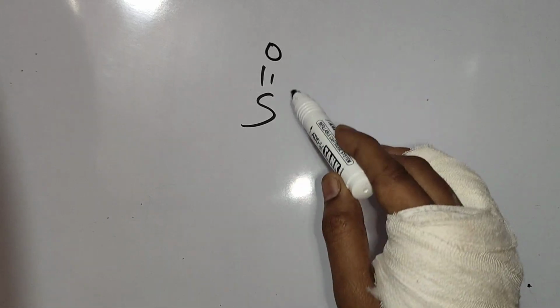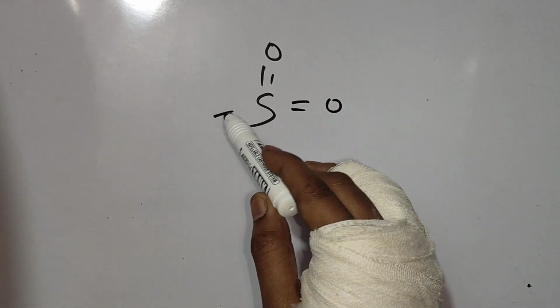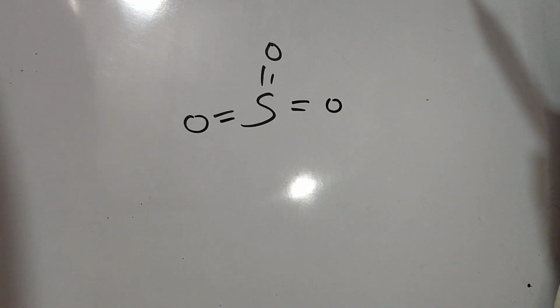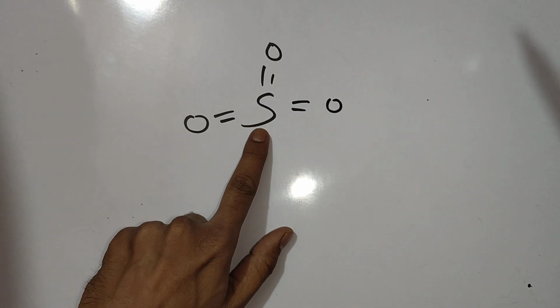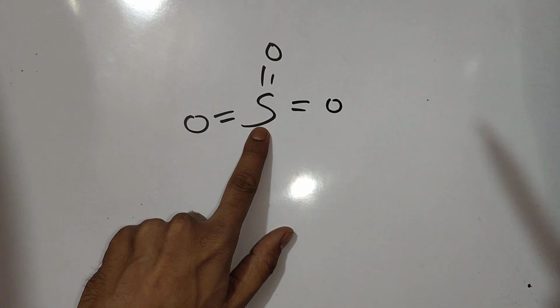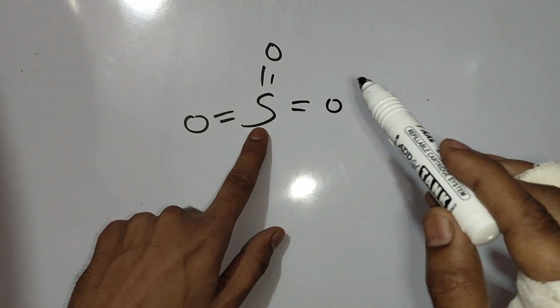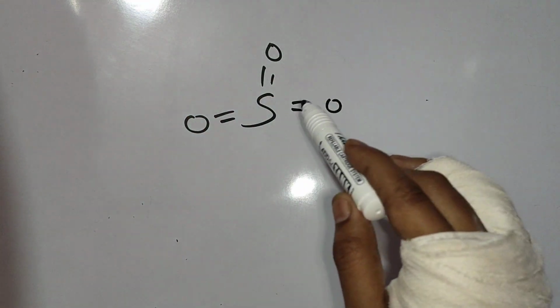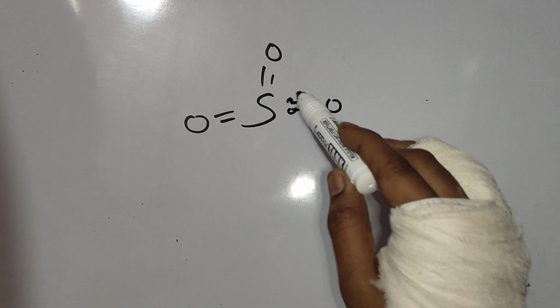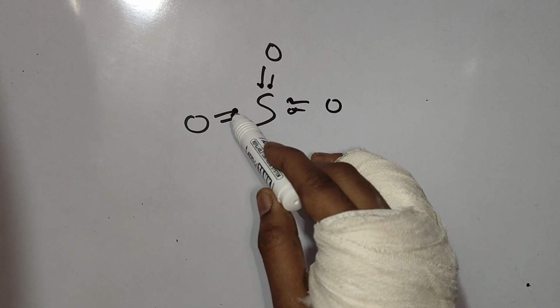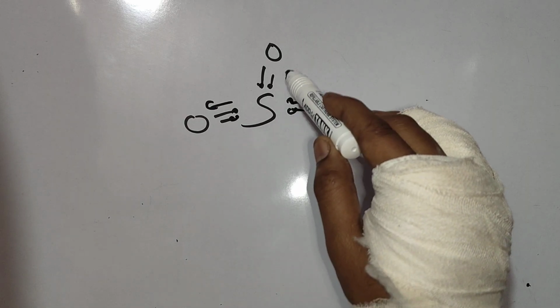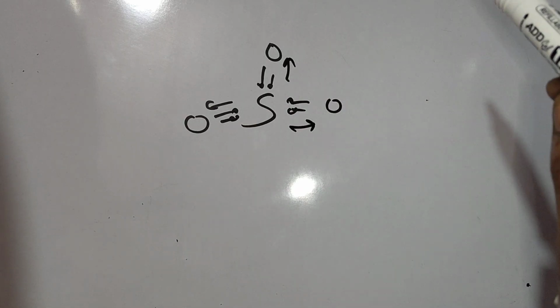This is the formula of sulfur trioxide gas, SO3. Liquid oleum, when you heat it, obviously will release sulfur trioxide gas. In sulfur trioxide gas, you can check sulfur is making 6 covalent bonds with oxygen, and oxygen is more electronegative than sulfur, as you know. So these 6 electrons are going toward oxygen.